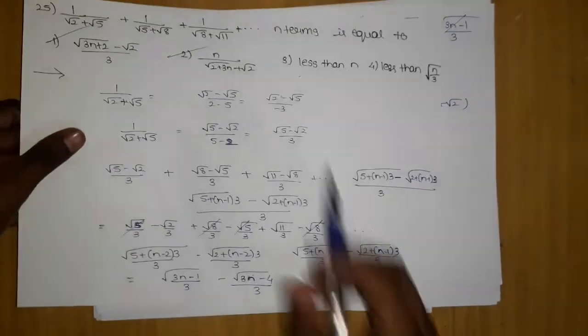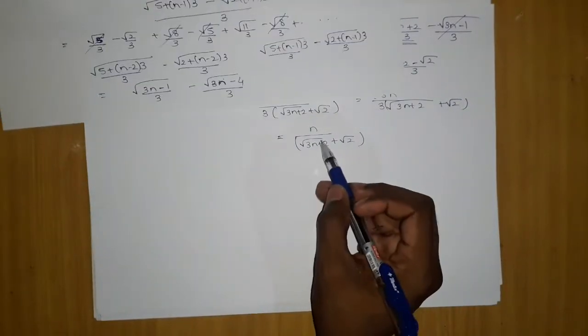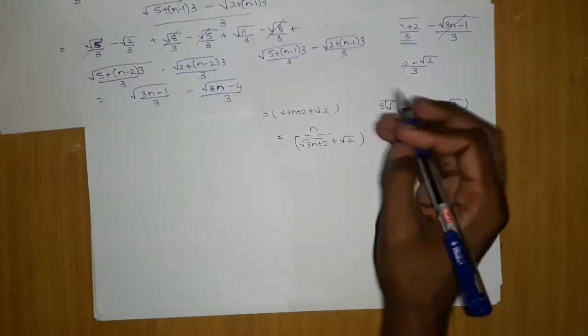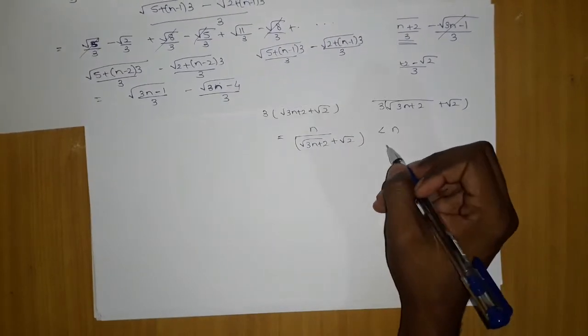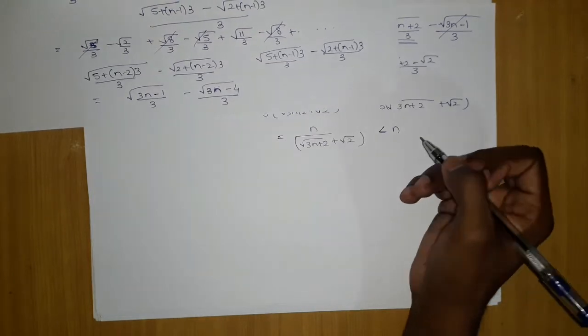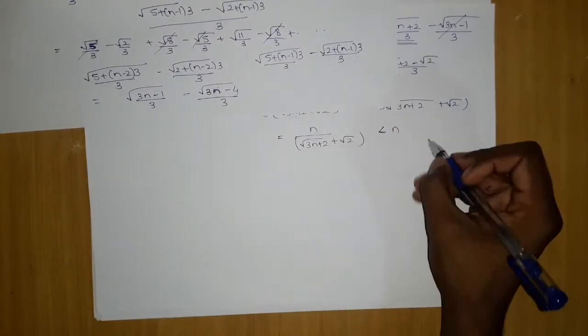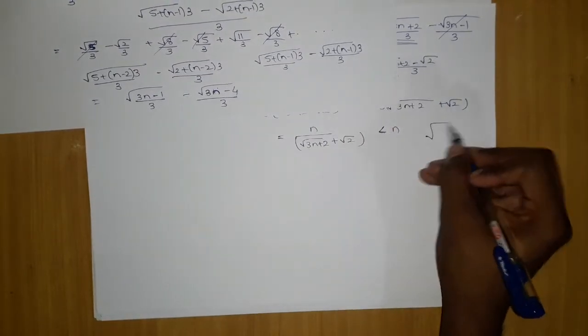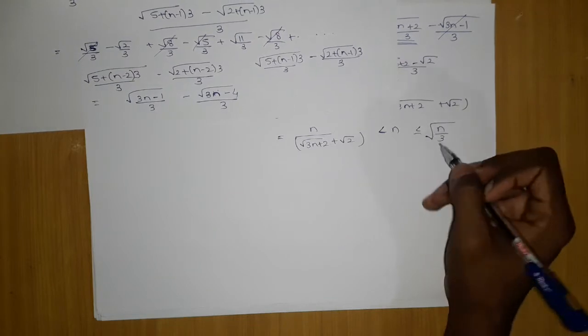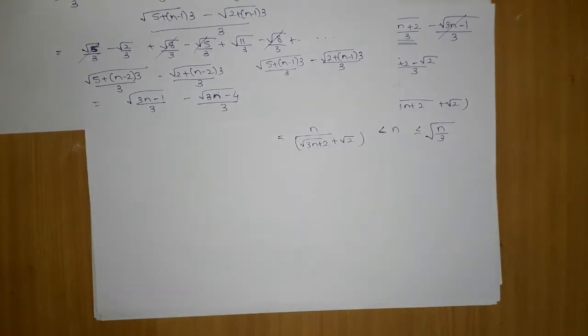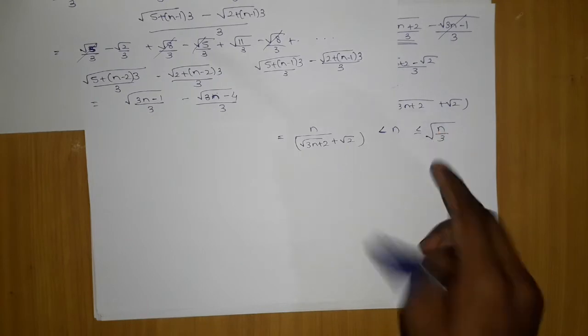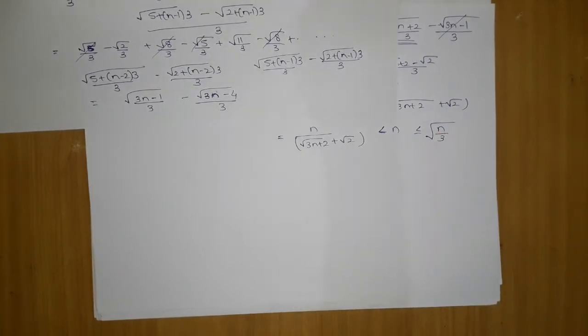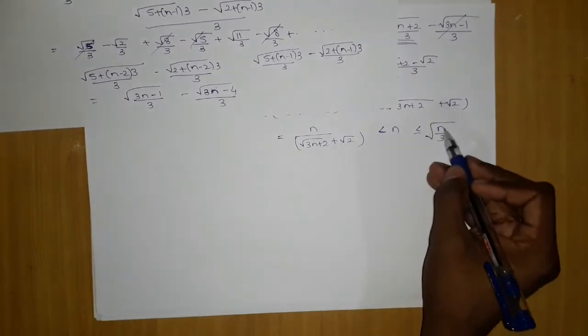Now the second one, now the third one is less than n. So you can easily understand it is divided by some constant, so it is less than 1, less than n. Okay, fine. Is it less than under root n by 3? Now just observe one thing: under root n means it is smaller, because if you take under root of 4 it is 2, it is reducing to half, so n is reduced to half.